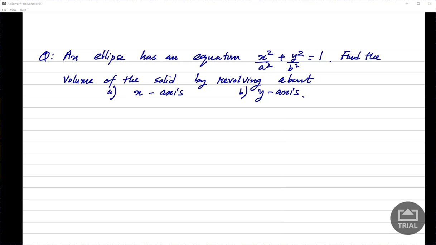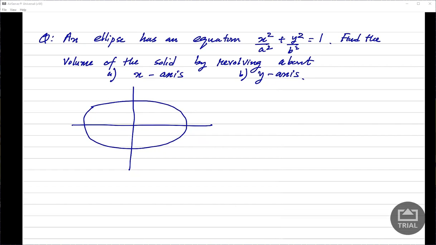So here, if you have an ellipse, this one would be minus a to a for x, and y is associated with b to minus b.